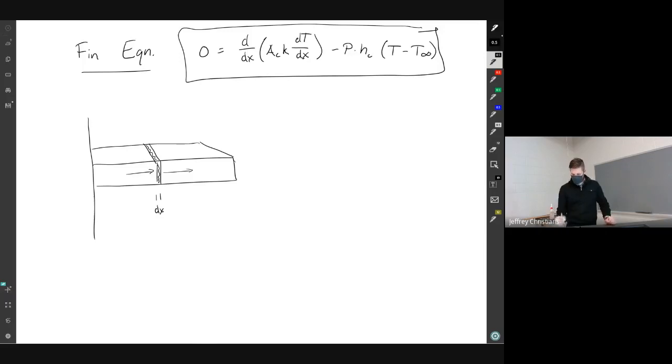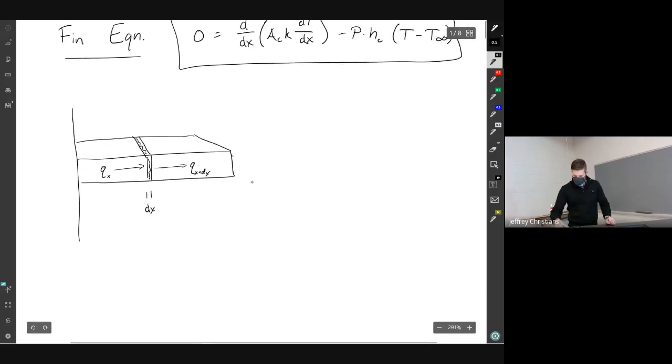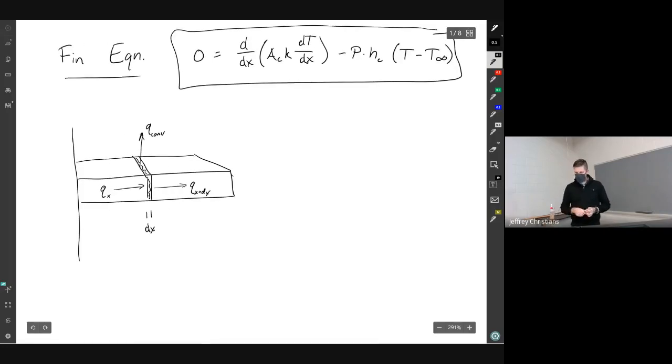So this is Q, we call that Qx and Qx plus dx. And there was convection happening at the outside, Q convection. So this is why you get these two different area terms. Conduction is happening along the cross section. Convection is happening at the perimeter of our object.